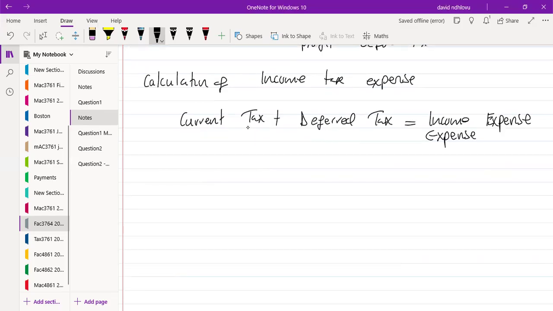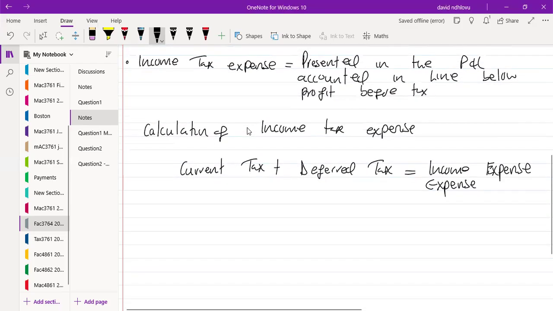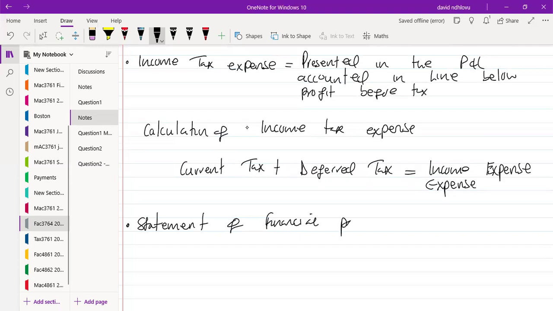And then in the statement of financial position, the first item that we present is deferred tax.